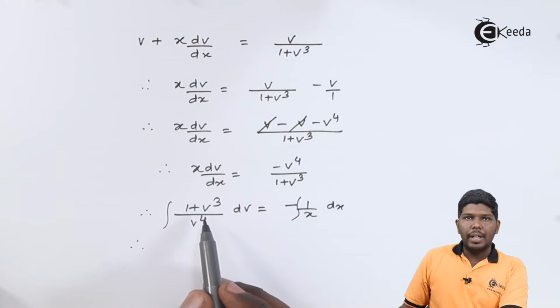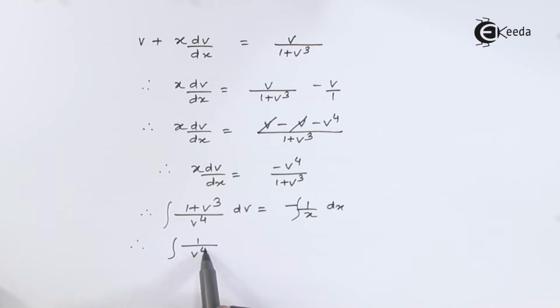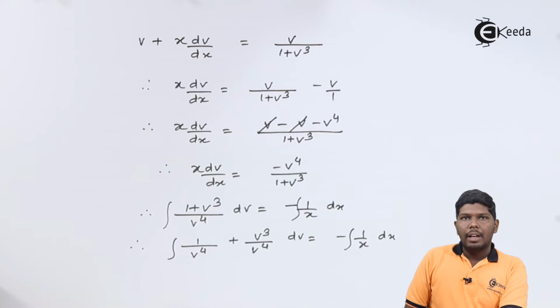Now to integrate the left hand side, we can separate v⁴ to both the terms. Here we can take v⁴ in the denominator and use the formula xⁿ integrates to xⁿ⁺¹ upon n + 1. And here v³ will be cancelled and only one v will be left.